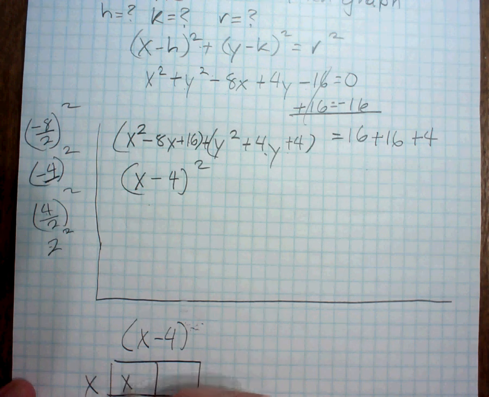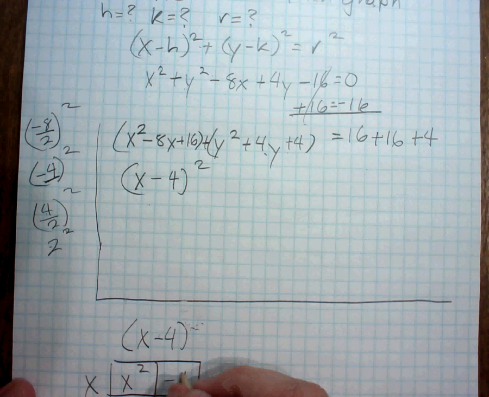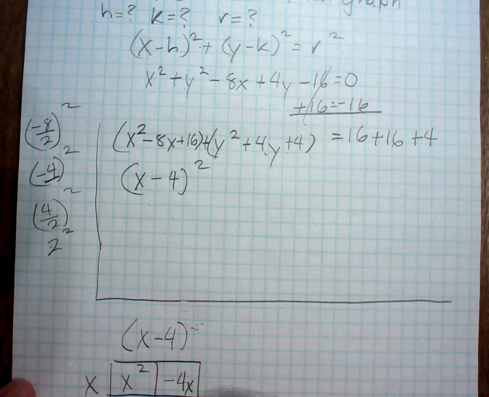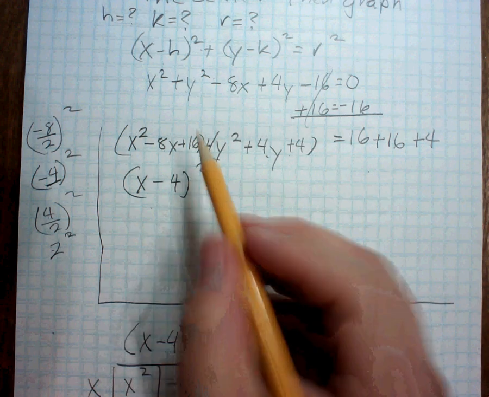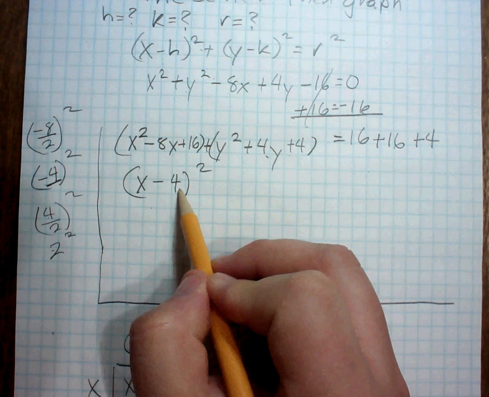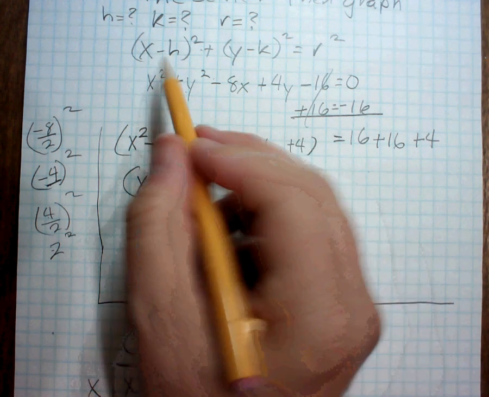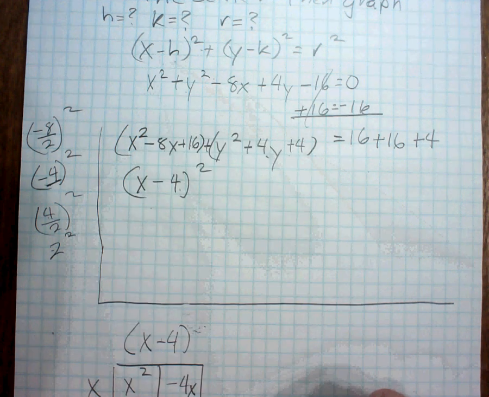So then x times x is x squared. X times negative 4 is negative 4x. X times negative 4 is negative 4x. And then negative 4 times negative 4 is a positive 16. So that becomes x squared minus 8x plus 16. So this becomes this. And this is what I want because it looks like this.